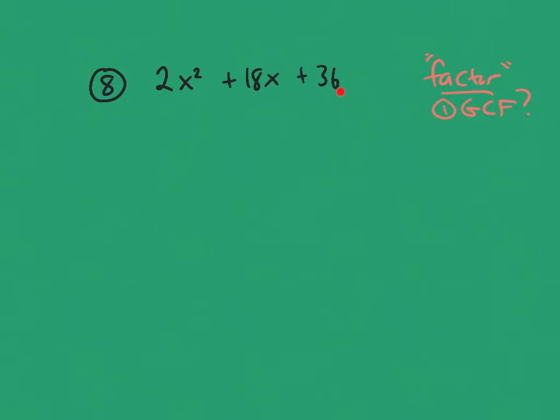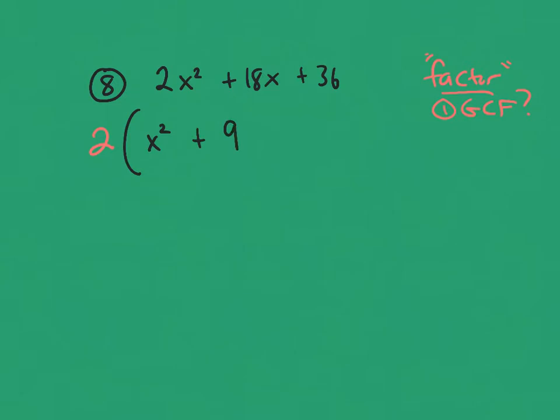And in this case, we can't take x out of everything, but 2, 18, and 36, we can take a 2 out of those. So you'll want to take the 2, and before you do anything else, you want to divide everything by that. So 2 divided by 2 is 1 with the x squared.